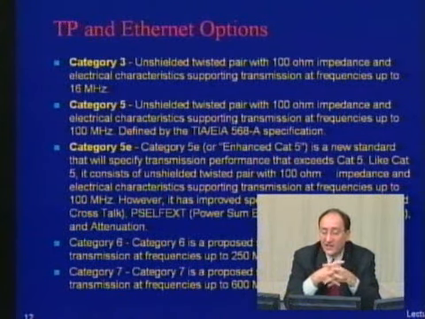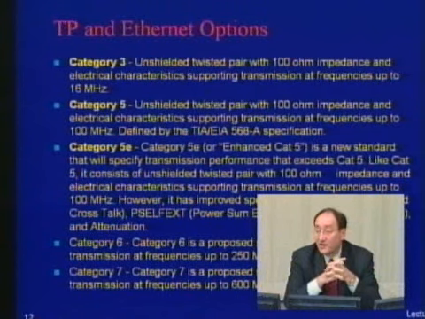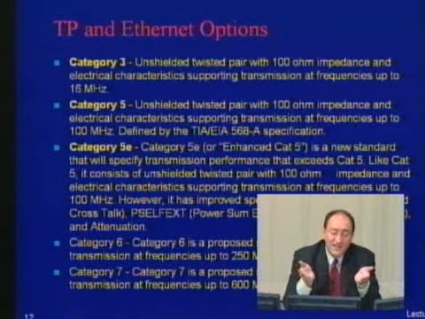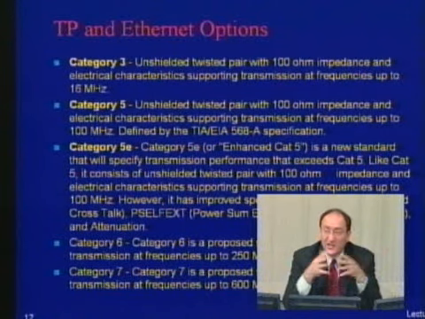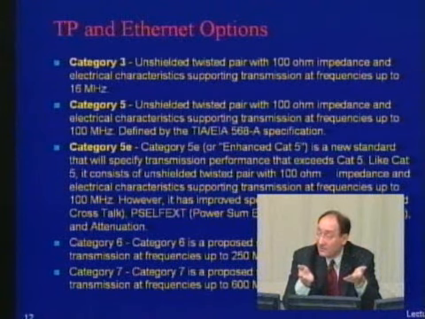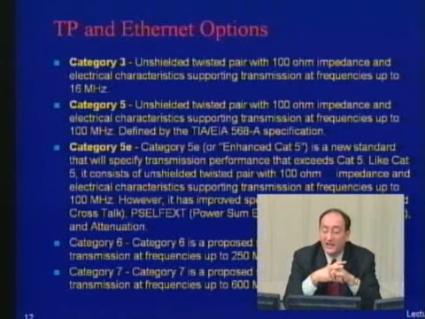It has Cat3, Cat5, Cat5e, which are the important ones really for us. Cat6 and Cat7. Cat6 is 200 megahertz, which is not that important. Cat7 is like 600, which is a major change. People are interested in that. But the ones which are used today are Cat3 and Cat5.